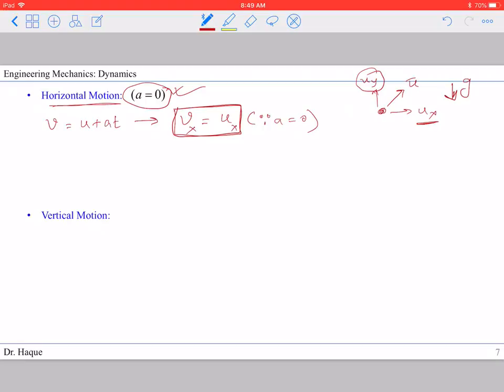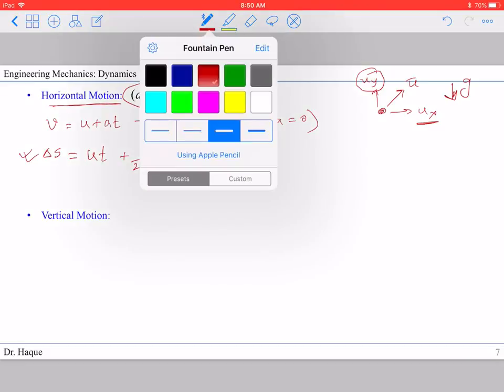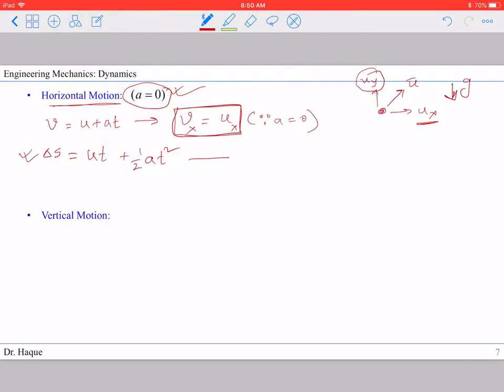Now, we have seen that we also derived the formula delta s equals initial velocity multiplied by time plus half acceleration times time squared. If we apply this formula to horizontal motion, acceleration is 0.